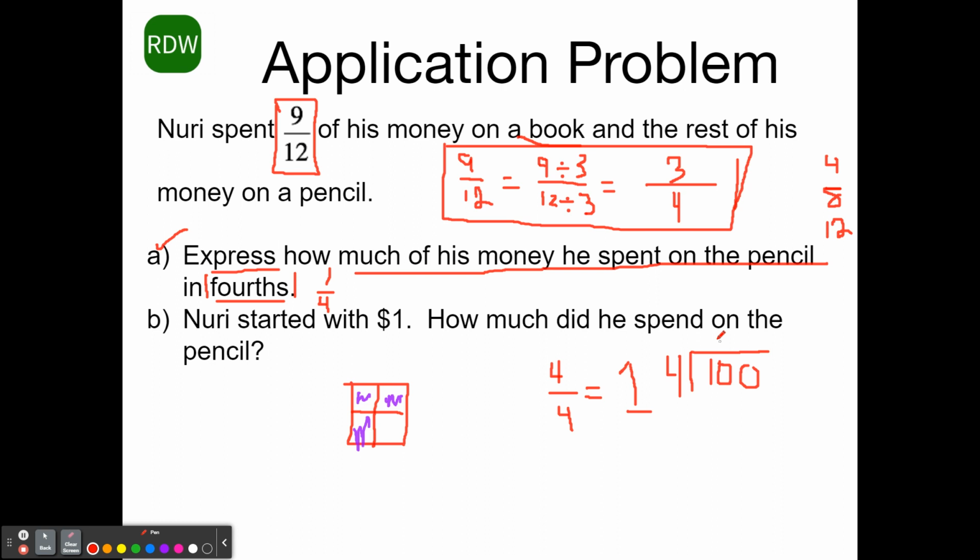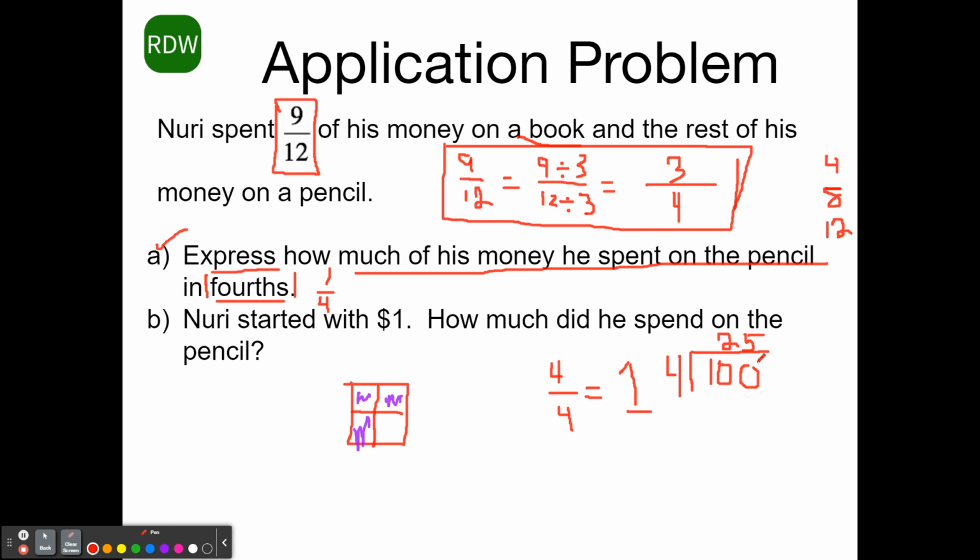Four goes into 100 25 times. And in money, is there something that's worth 25 cents? A quarter. Wait a second. A quarter.